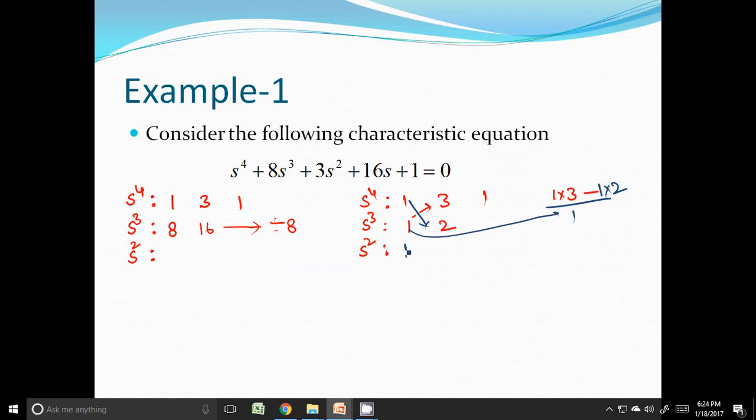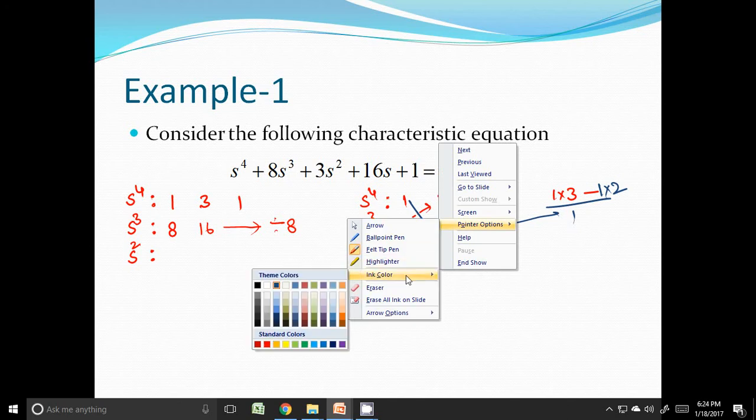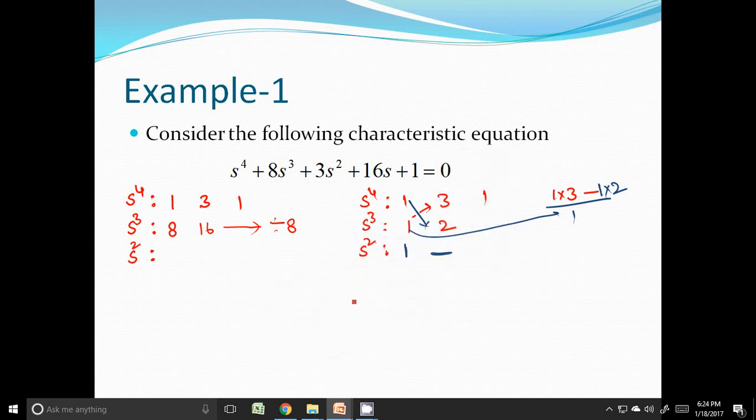Again, for the second position in the s power 2 row: 1 into 1 minus 1 into 0, since nothing is there and 0 can be assumed, divided by the same 1. So here it comes as 1.